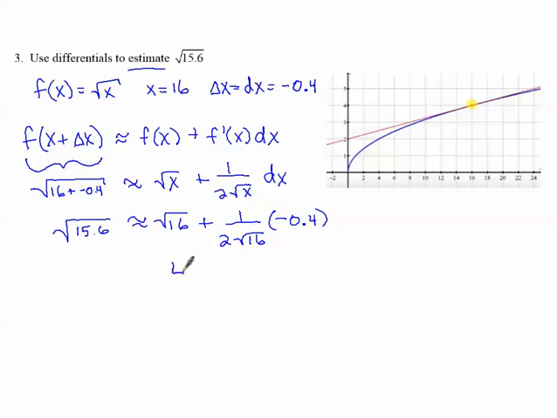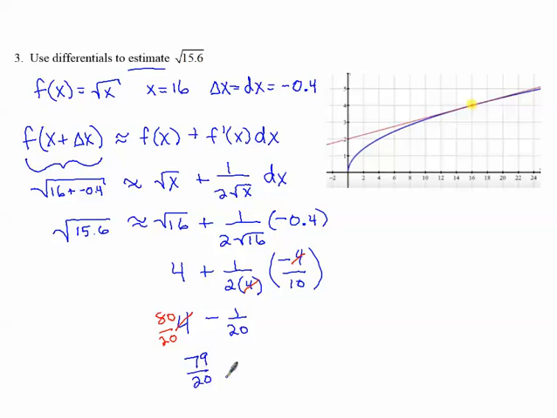Computing this side, the square root of 16 is 4 plus 1 over 2 times 4, or we'll leave it as 2 times 4 because negative 0.4 can also be written as negative 4/10, and I like that because we can simplify there, and then I can do 4 minus 1/20, which is the same as 80/20 minus 1/20, or 79/20. Now if we type that into a calculator, we get 3.95.